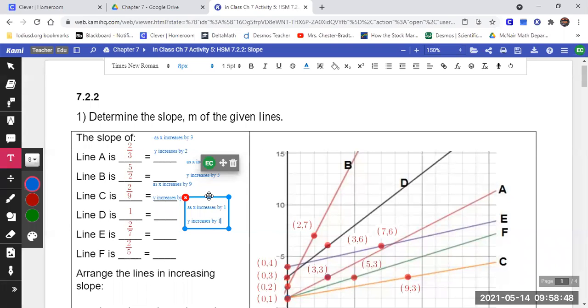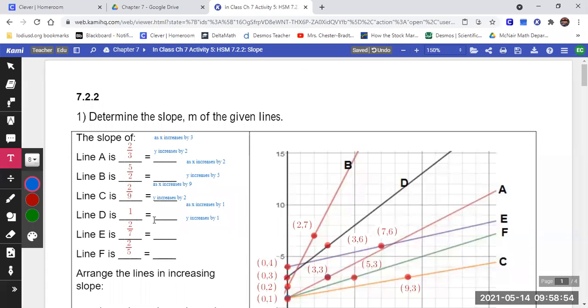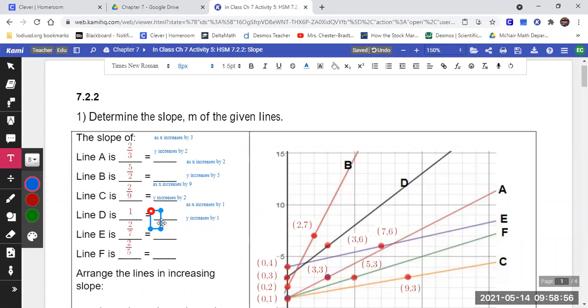So he was a little bit of a trick one because we didn't have a fraction top and a fraction bottom to work with. How about this one? What am I going to say for D? What am I going to say for D? As x increases by what?